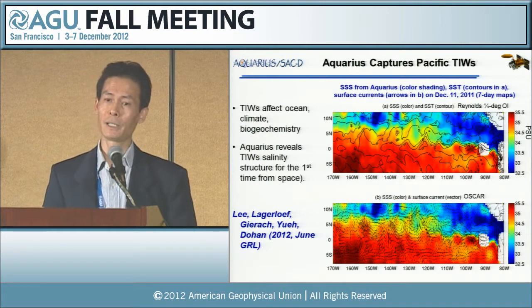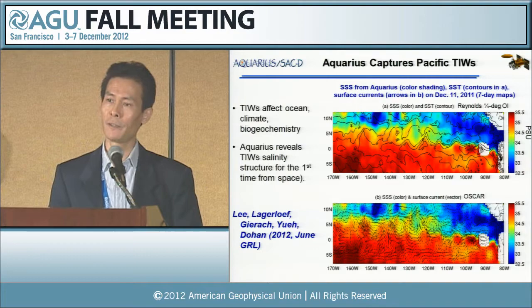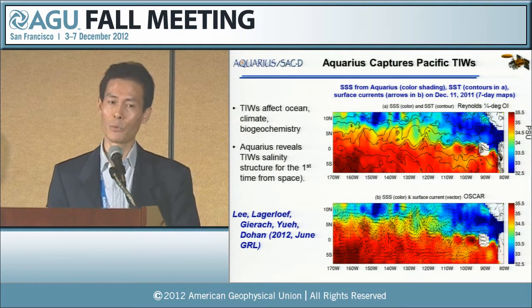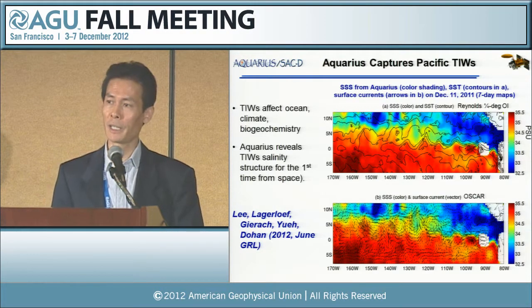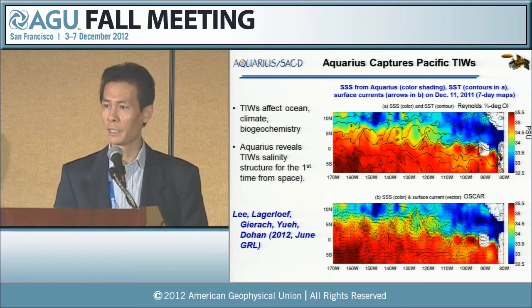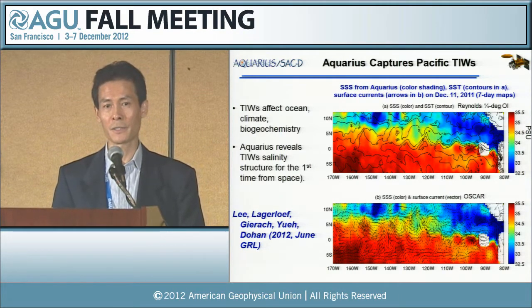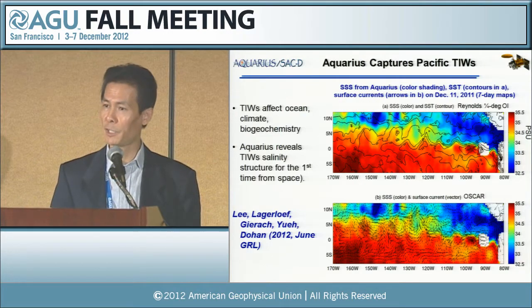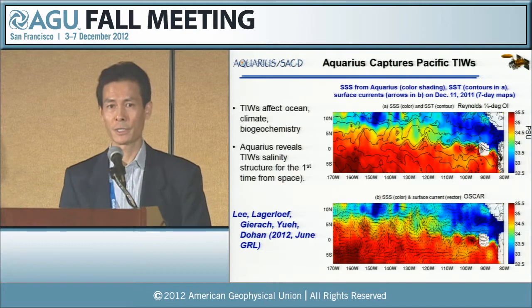Now, tropical instability waves are 1,000-kilometer waves propagating towards the west in the Pacific and Atlantic Oceans, and they interact with the mean state of the ocean, both in the kinetic energy sense and the available potential energy sense, and they affect the climate variability and biogeochemistry. So they are very important features in the oceans.